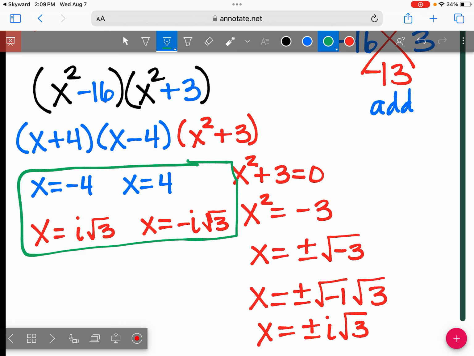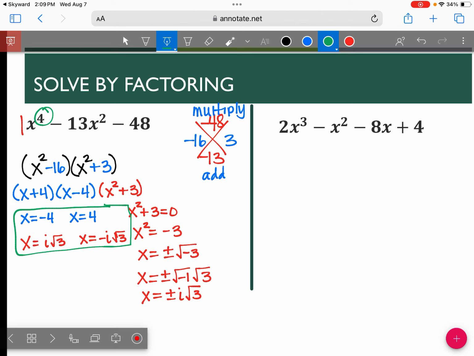All right, last one. Go ahead and copy this down. We have 4 terms. We're going to factor by grouping. So I want you to put the first 2. This is my blue group. We're going to take the GCF of the blue group, find the GCF of the pink group. So go ahead, copy it down. Take out the GCF.